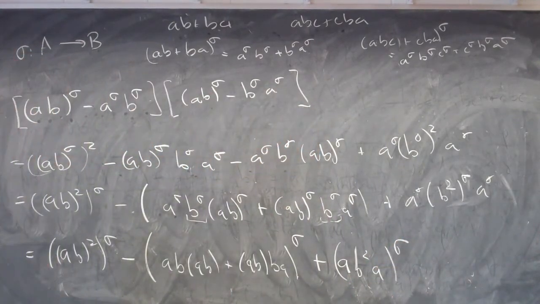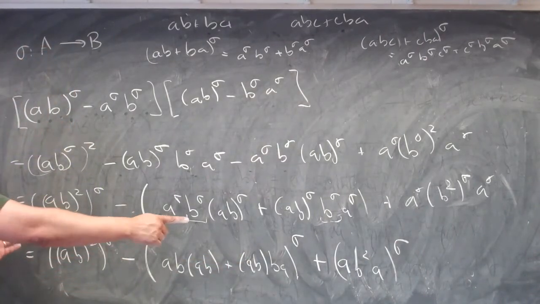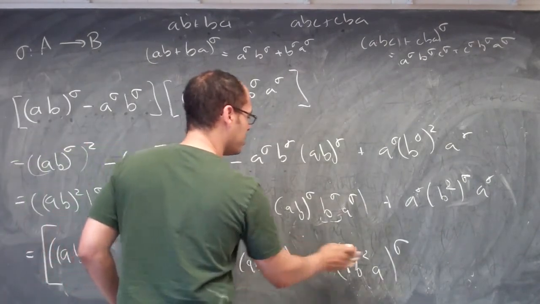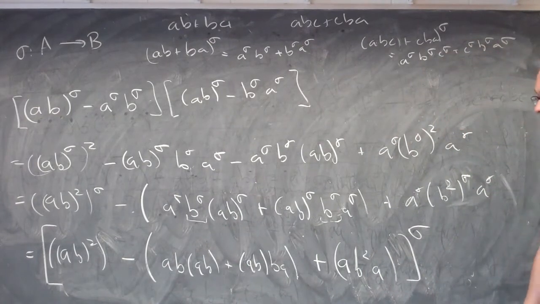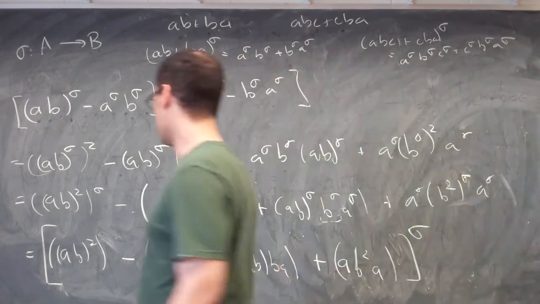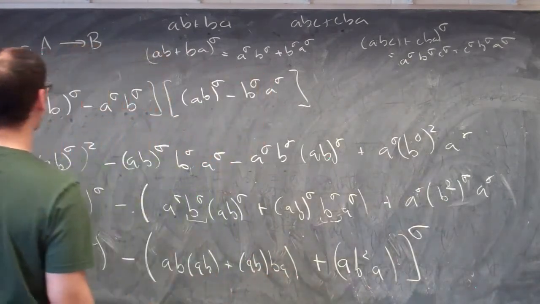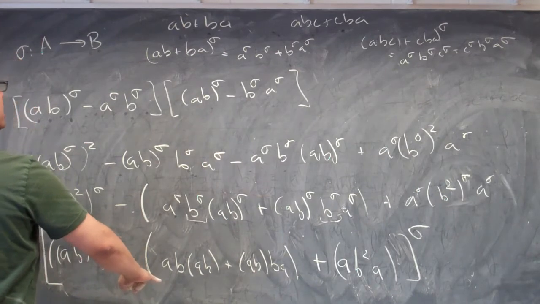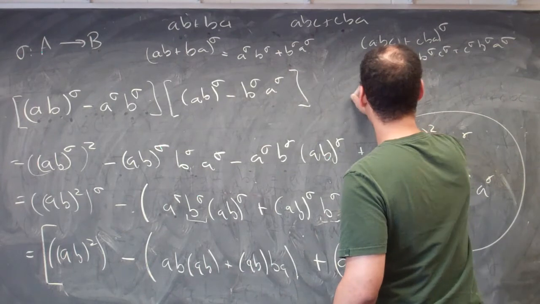Okay. Now, I can take this thing and I can move the sigma out of everything, right? Because sigma is linear and I'm just looking at a sum and difference of some stuff. So let me pull a sigma out throughout this whole thing. And now we have 0. Because what is this? Maybe it's a little bit too low to read very well. So this whole thing is equal to that. And maybe I'll finish this off over here.